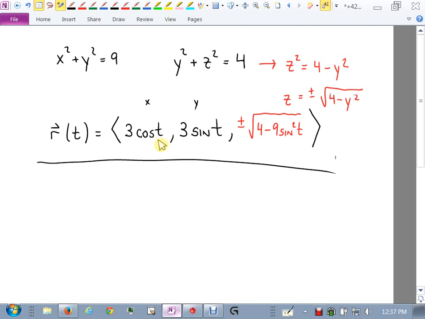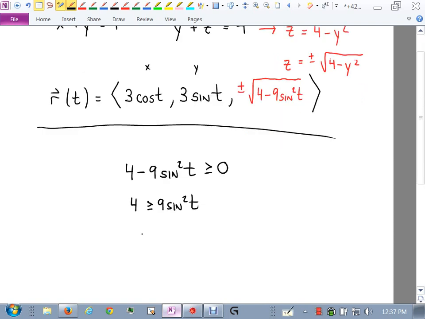Is there a domain restriction on cosine? No. Sine? Over here? I just got to make sure that 4 minus 9 sine squared t has to be greater than or equal to 0. Agreed? Which means that 4 must be greater than or equal to 9 sine squared t, which means that 4/9 must be greater than or equal to sine squared t.